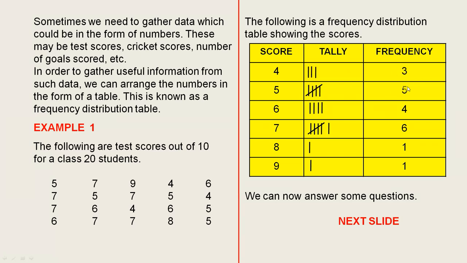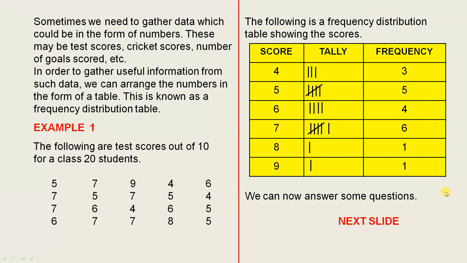That's a bundle of 5, 4 strokes. A bundle of 5 plus another one gives you 6, and there's a single one, and there's a single one. So when we add those together, that gives you 20. So 6, 7, 8 and 4 are 12, plus 5 is 17, plus 3 is 20. So there are 20 scores altogether.